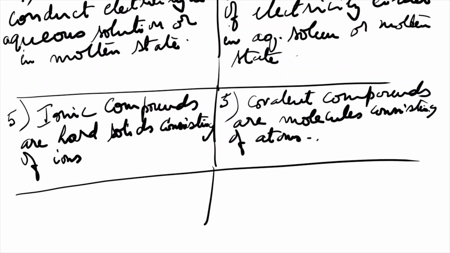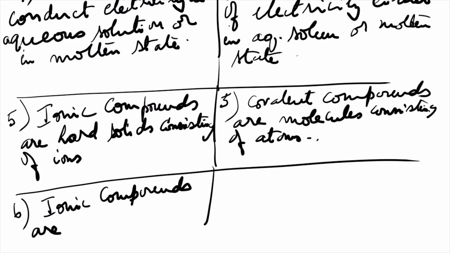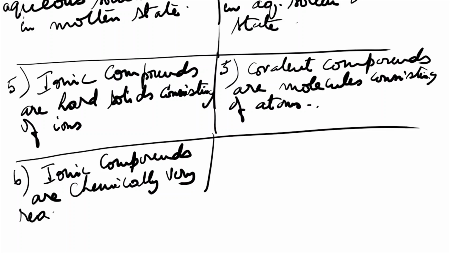one more last point, ionic compounds are chemically very reactive. Okay, ionic compounds are chemically very reactive. Covalent compounds are not that reactive.